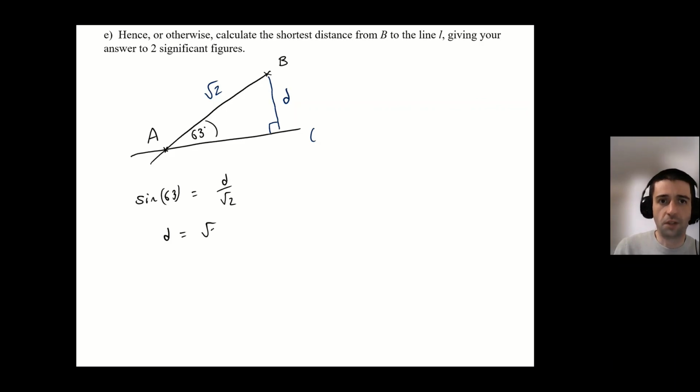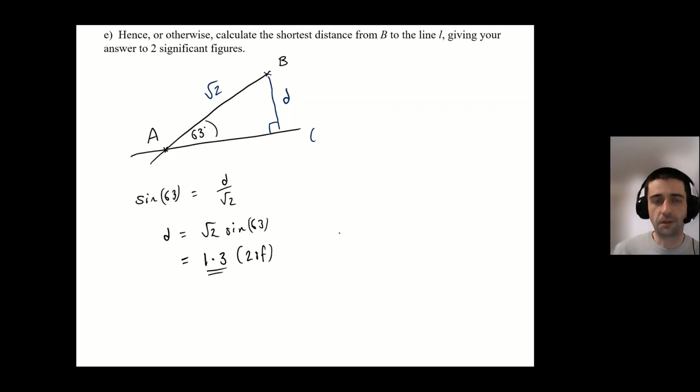So therefore the shortest distance is root 2 multiplied by sine 63. Now, if I use my unrounded answer from the previous question, it comes out as 1.26. So rounded to two significant figures, it's 1.3.